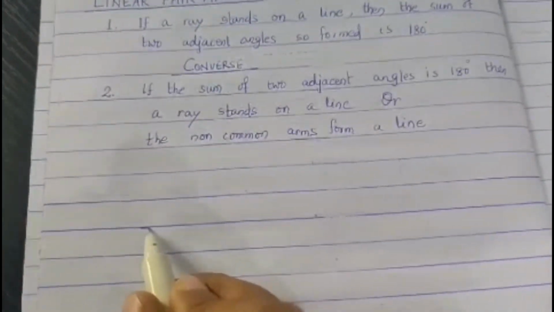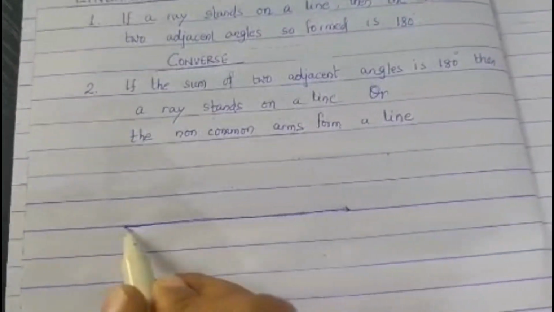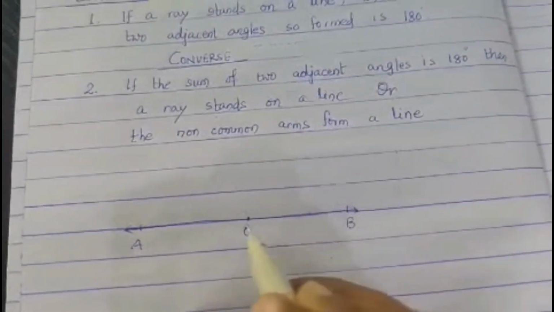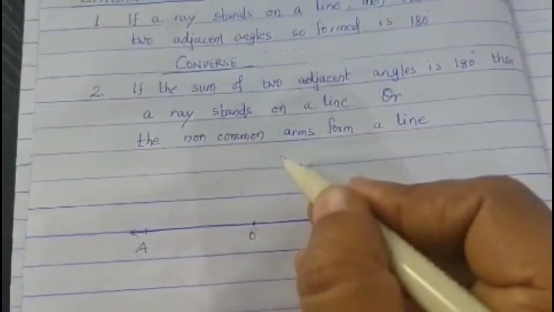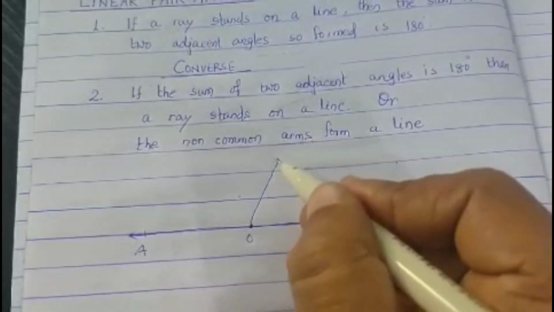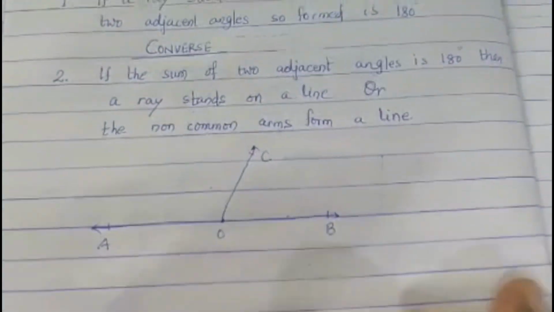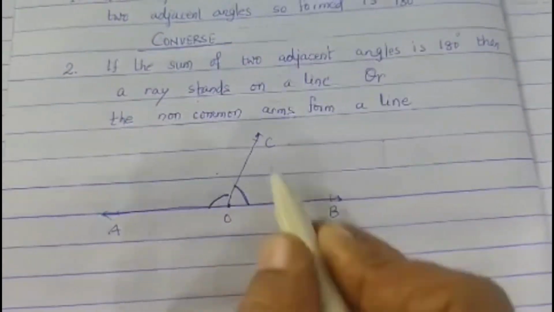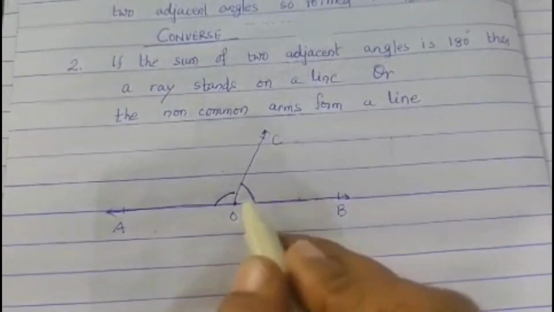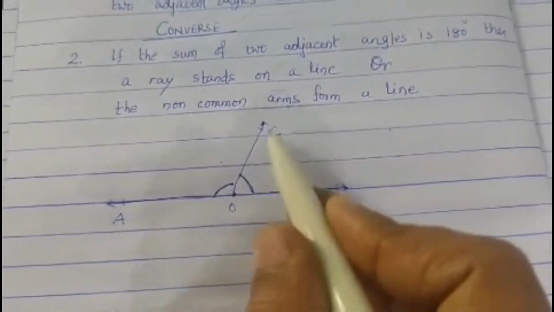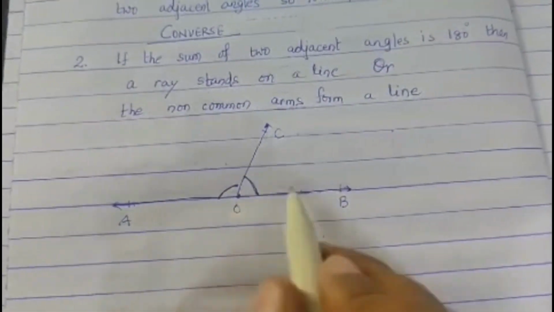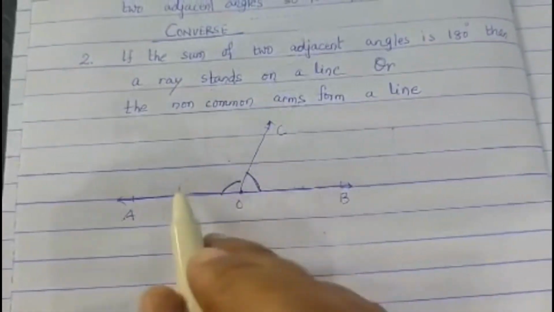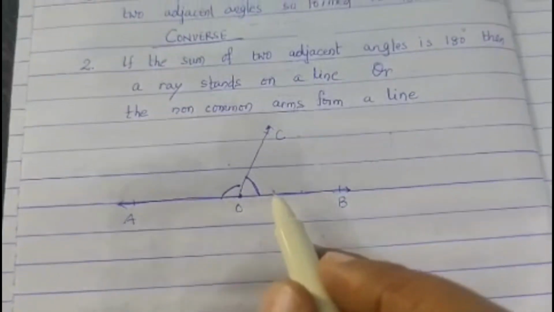And you see this example. This is OA, this is OB. These are two arms, these are two rays, and let us suppose this stands here, OC. So basically these two are adjacent angles, BOC and AOC. These two are adjacent angles because this stands on either side of the common arm OC.